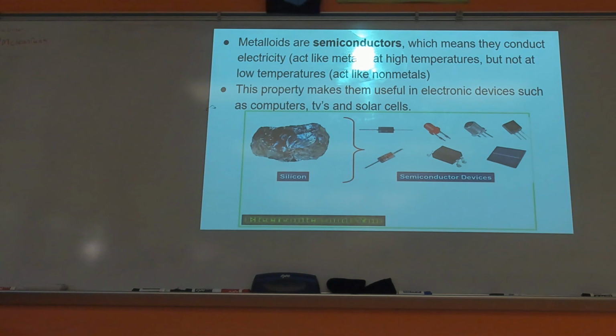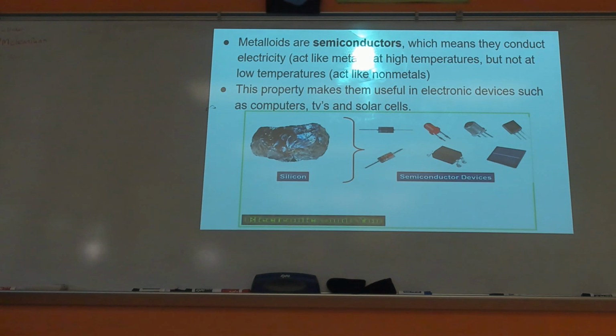Yeah, because that's what you make computer chips with. That's where a lot of the tech companies started, and tech companies use computers, and computer chips are made primarily of silicon. The properties of silicon make it very useful for making semiconductors.